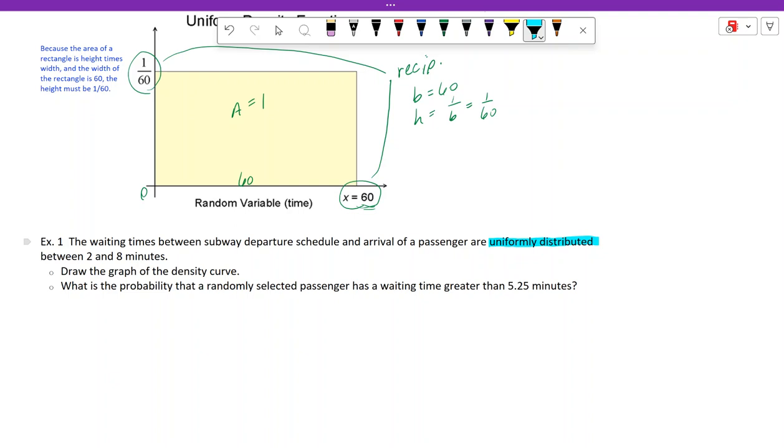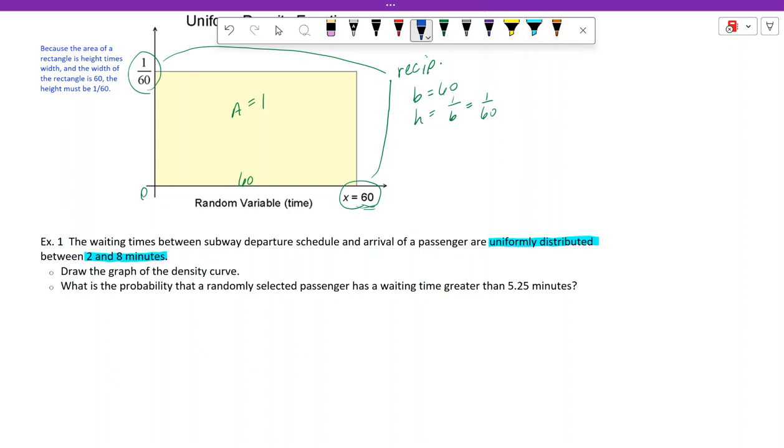If you see anything that says uniform distribution and we're calculating probabilities, then you need to think, I'm going to draw a square. And then the second thing is, now we're given the constraints of my uniform distribution. So we've got times ranging between 2 and 8 minutes.